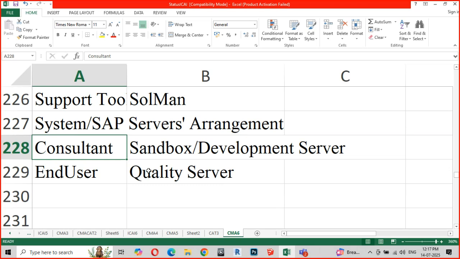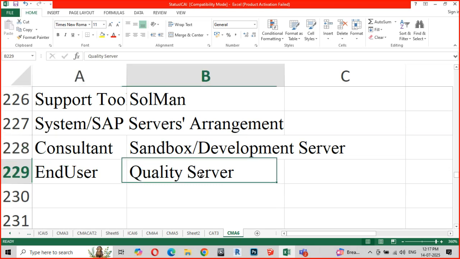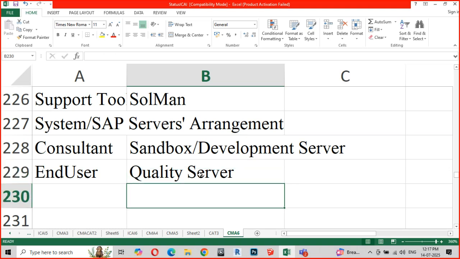Now, ultimately, when the end user agrees that the solution is all right, it can be moved to the live system.